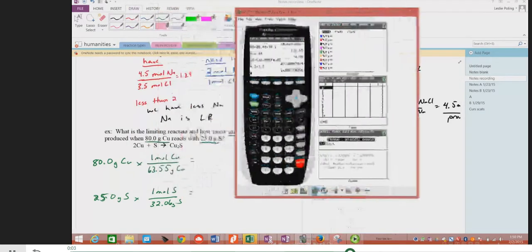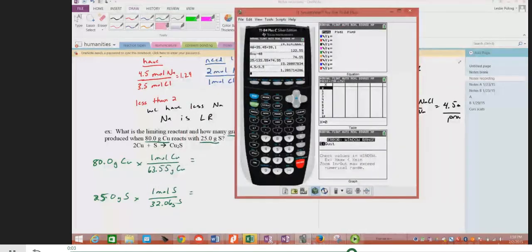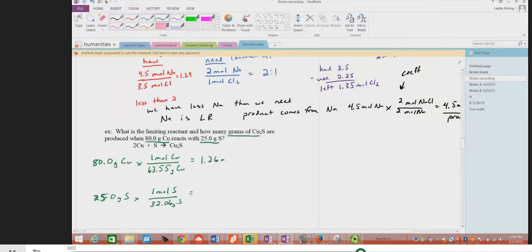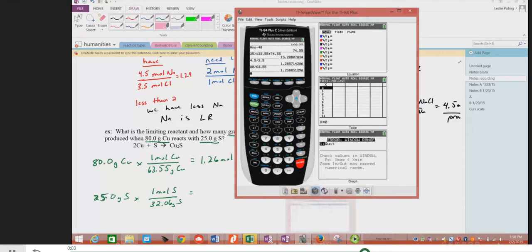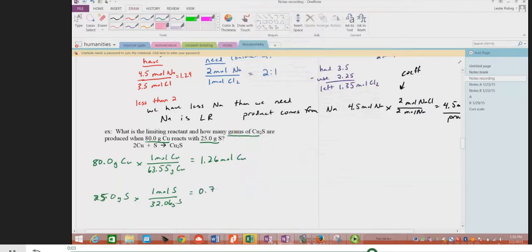So, 80 divided by 63.55 gives us 1.26. And 25 divided by 32.06 gives us 0.78. All right.